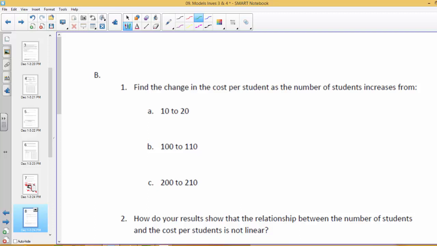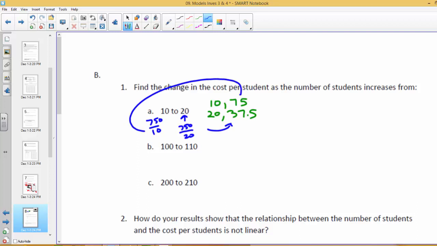So 10 gives 75, and 20 gives 37.5. Again, if you're having trouble understanding, to get this answer, you would do 750 divided by 20. And that's how you get the 37.5. Same with 10. 750 divided by 10 is how you get the 75.